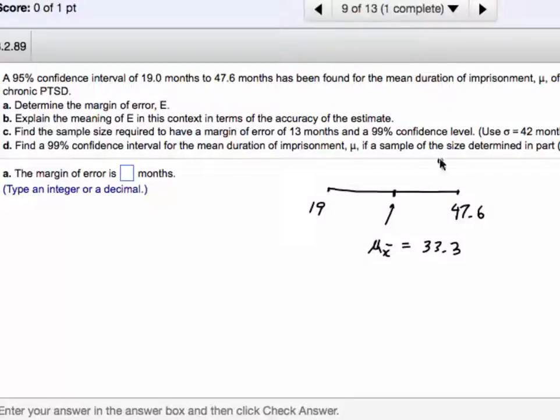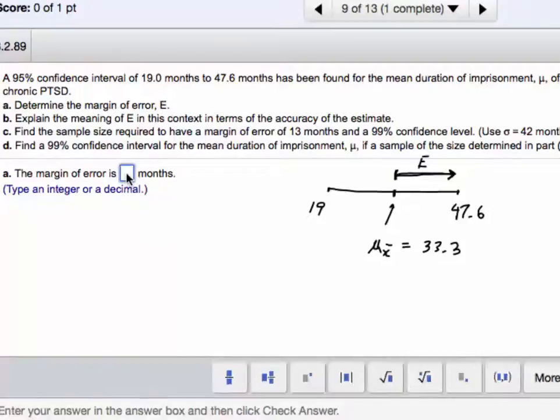So what is the margin of error? Margin of error would be, you could find that length and take half of it, or you could take this 47.6 minus 33.3. Any way you can get how far of a change it is from 33.3 out to 47.6. And is that 14.3? 14.3.